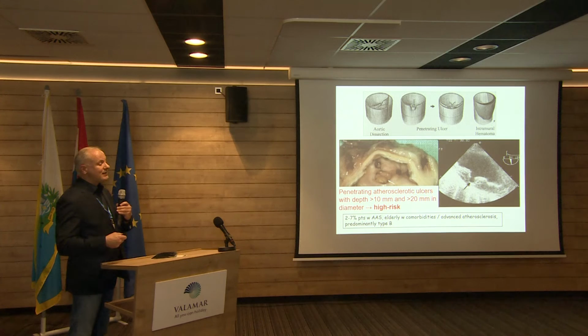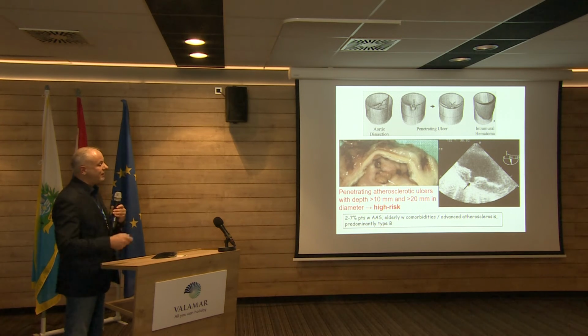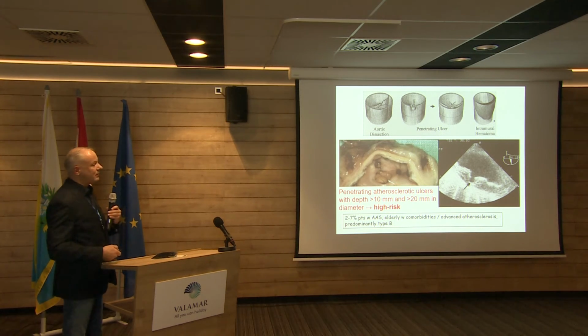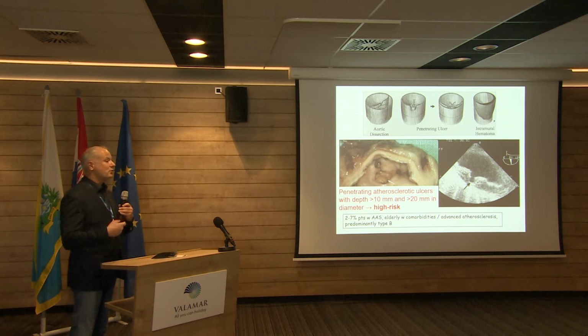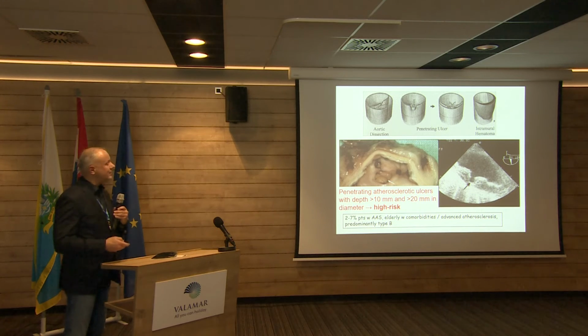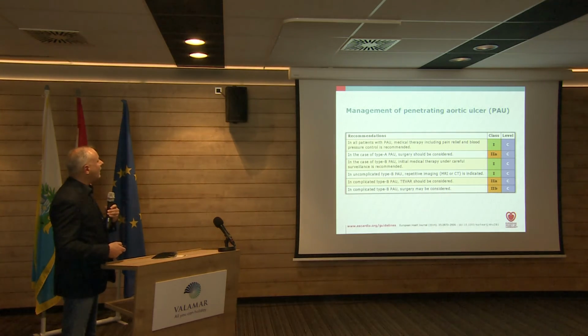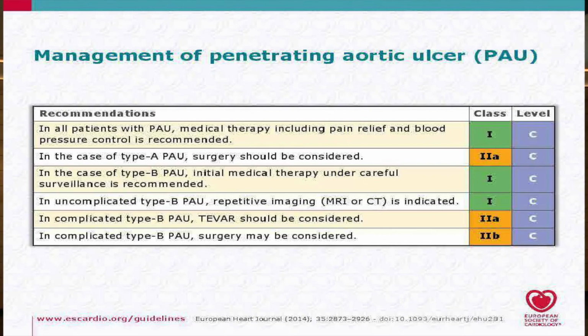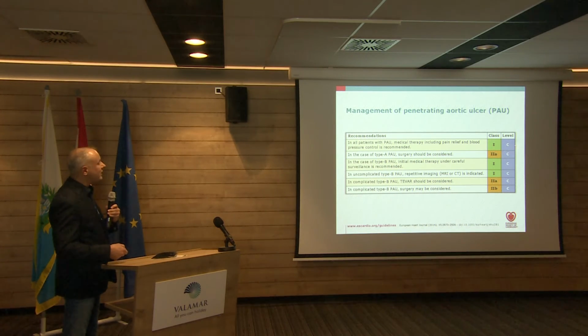As bad signs, we have to measure the ulcer on the classical CT angio: depth more than 10 millimeters and 20 millimeters in diameter predispose to high-risk patients needing TEVAR. And the management nowadays, according to guidelines, in type A, surgery should be considered.